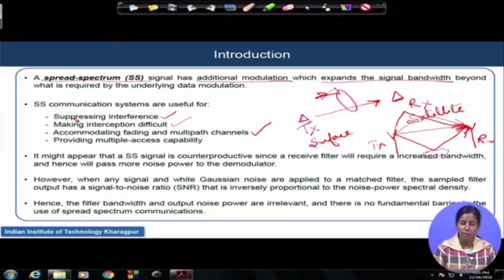Spread spectrum communication helps us to mitigate the fading due to the multipath channels in the received signal a lot.